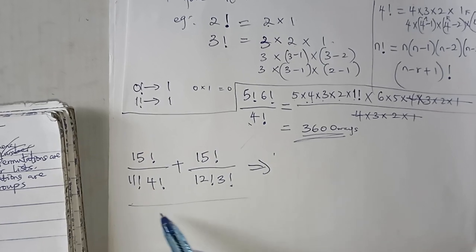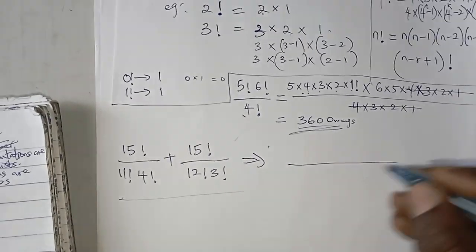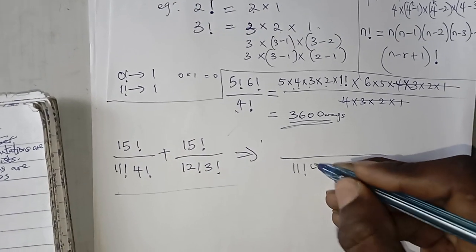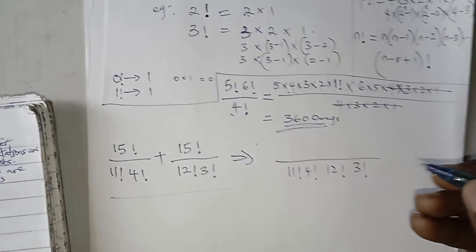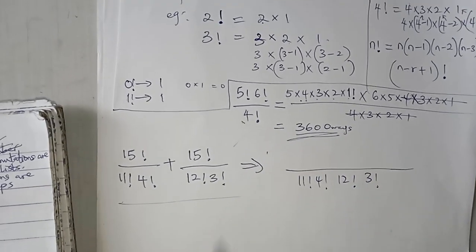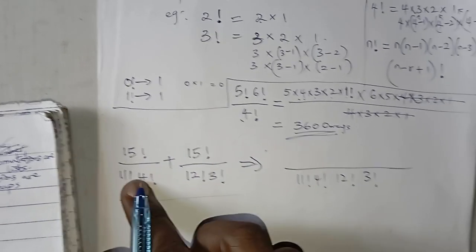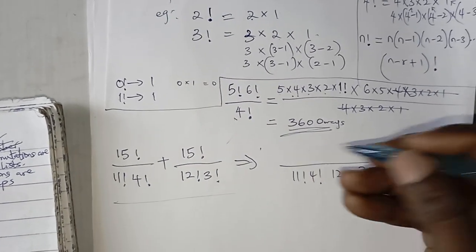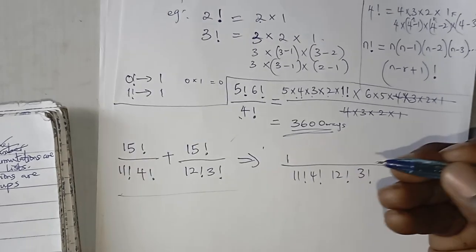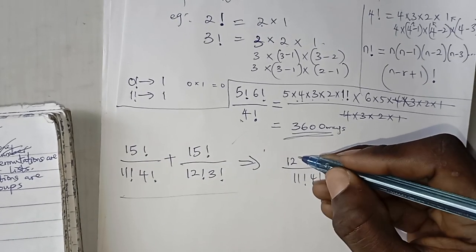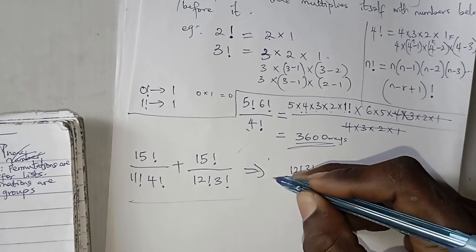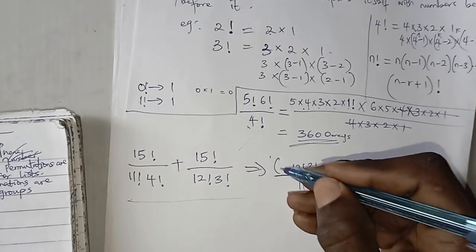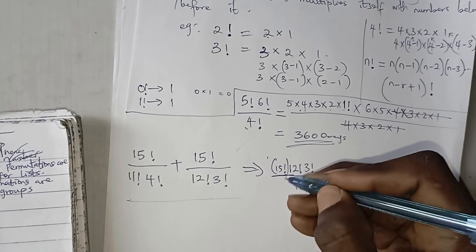This is the LCM: 11 factorial, 4 factorial, 12 factorial, 3 factorial. This is what is common, the LCM. So if this enters here, it will remain 12 factorial. So it will become 12 factorial and 3 factorial, all multiplying 15 factorial.